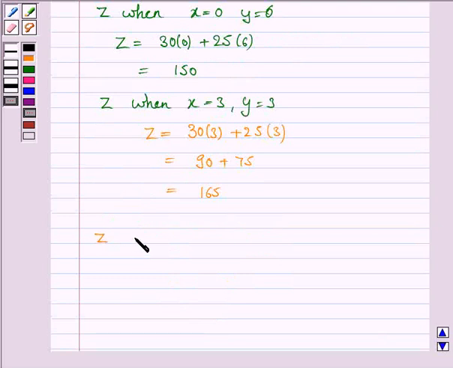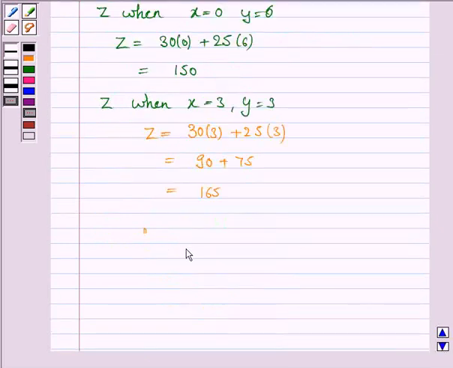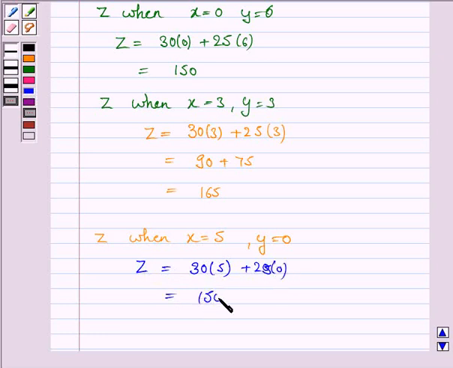Now we find the value of Z when x is 5 and y is 0. So the value of Z is 30 into 5 plus 25 into 0, and this is equal to 150. And we see that when 3 first type of steel trunks and 3 second type of steel trunks are made, then we get the maximum profit.